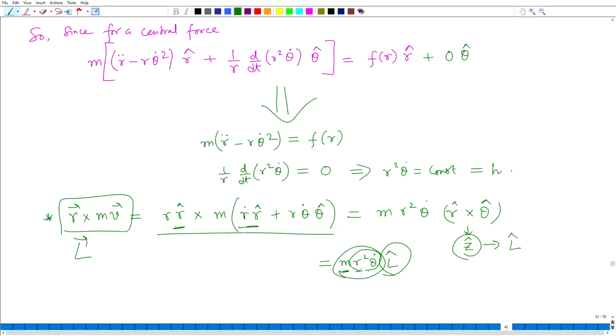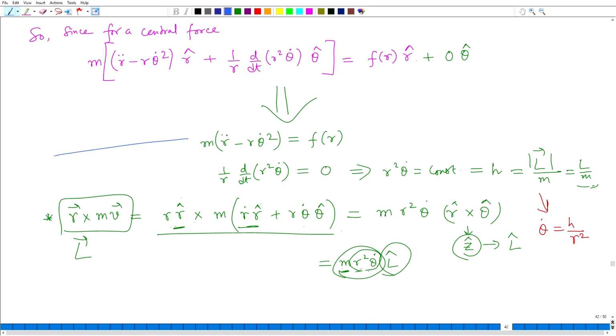Now, what is the biggest conclusion and the surprise from this? If this r square theta dot is a constant, what you call now h, I can actually call that modulus of L by m, or simply L by m, which is the angular momentum per unit mass. If you write like this, then how can you write theta dot? You can write theta dot also in terms of the constant h and r square. And why is this very good news for us?